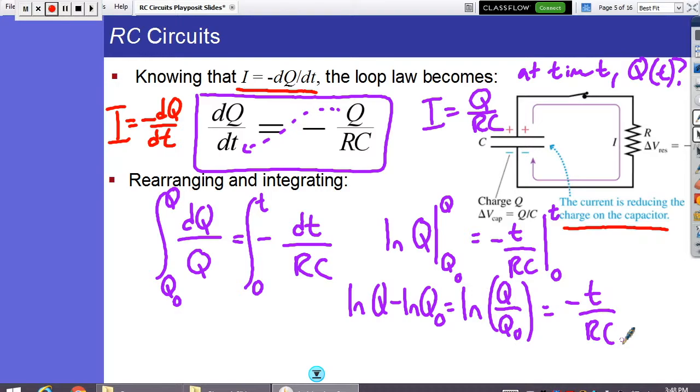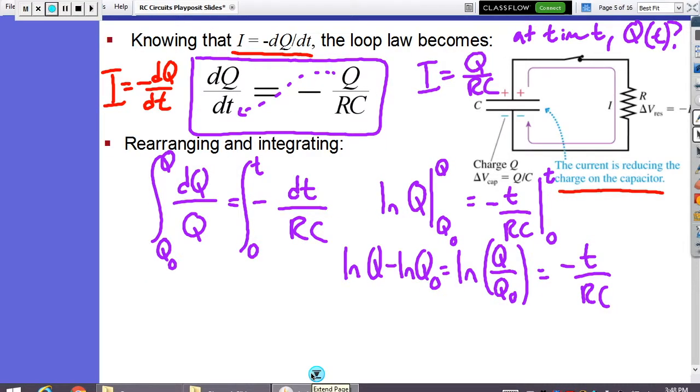And now what I can do is raise both sides to the e power. And so what I find is that for this discharging capacitor, after a little bit of manipulation, I get Q equals Q0 times e to the minus t over RC.